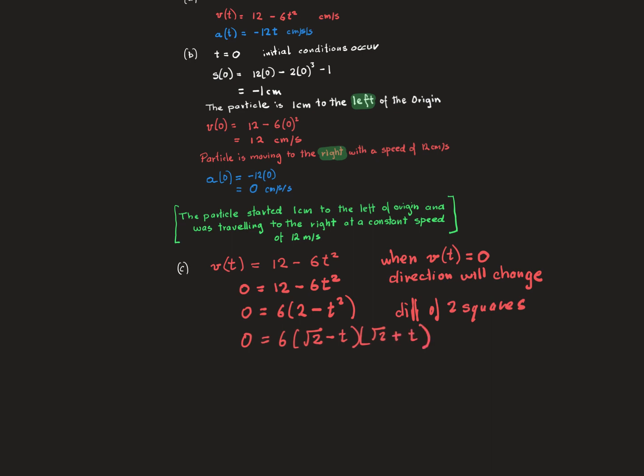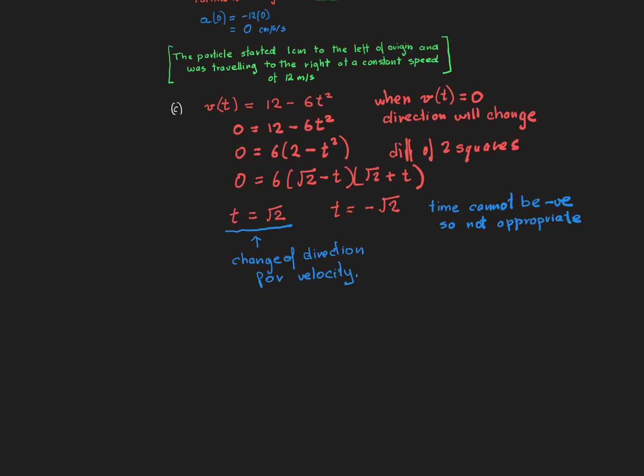And this will give you the values of time when the particle changes direction, which will be at time t equals root 2 and also at time t equals minus root 2. Now you can see that this particular value is not appropriate because time cannot be negative. Only at t equals root 2 do we have a change of direction for velocity.